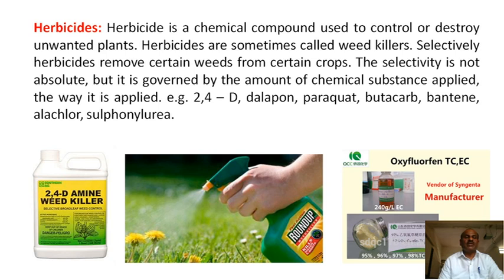Their selectivity is not governed by the amount of chemical substance applied, but by the way it is applied. 2,4-D is one of the good types of herbicides you remember, used today on a very large scale, and the need is there in the farm for herbicides.